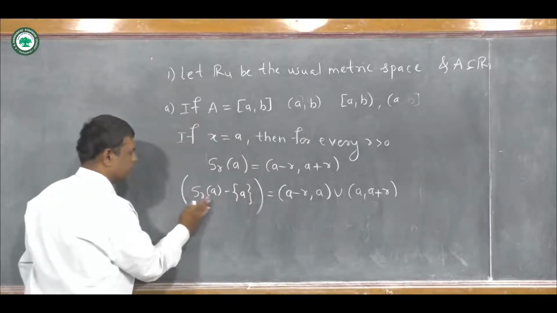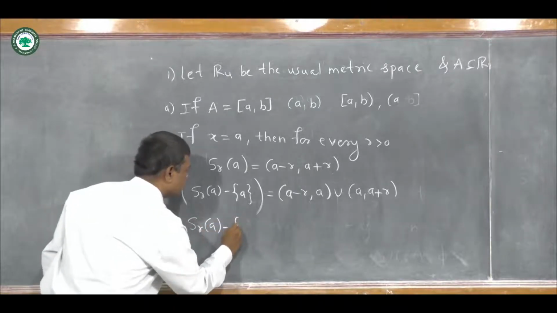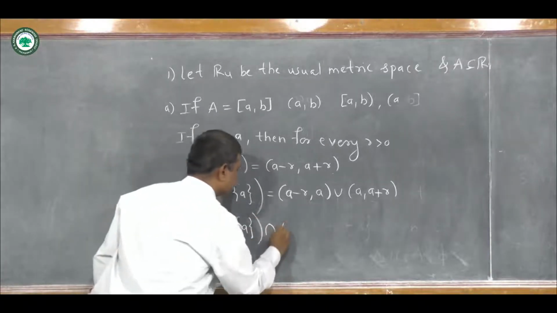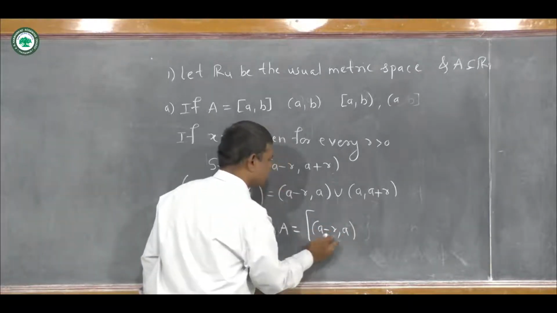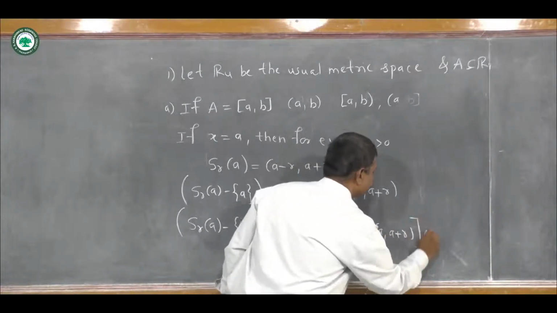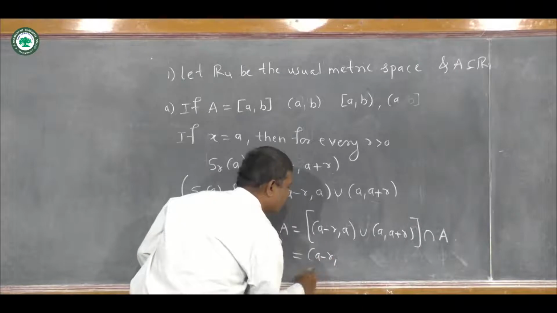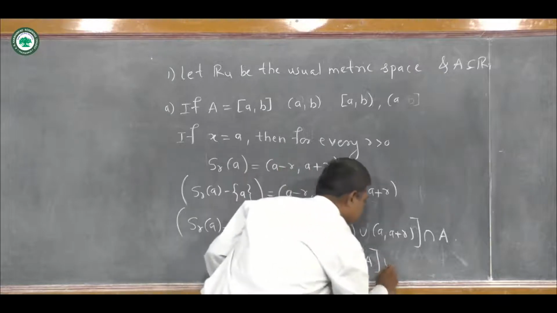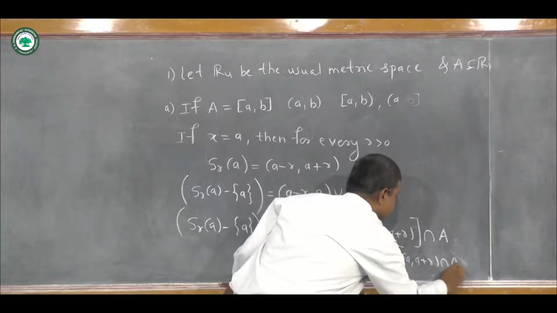Now if you take the intersection of this set with A, we write the open interval a minus r to a intersection with A, union the open interval a to a plus r intersection with A.